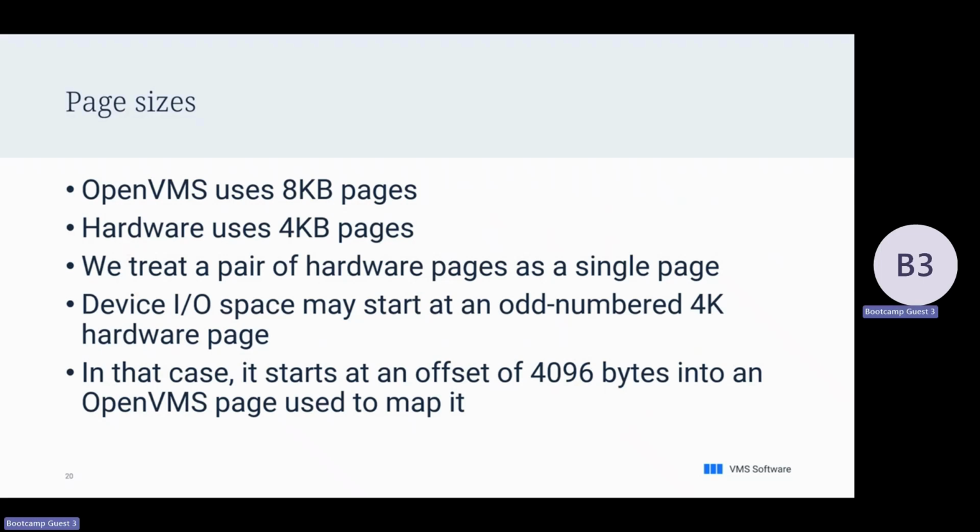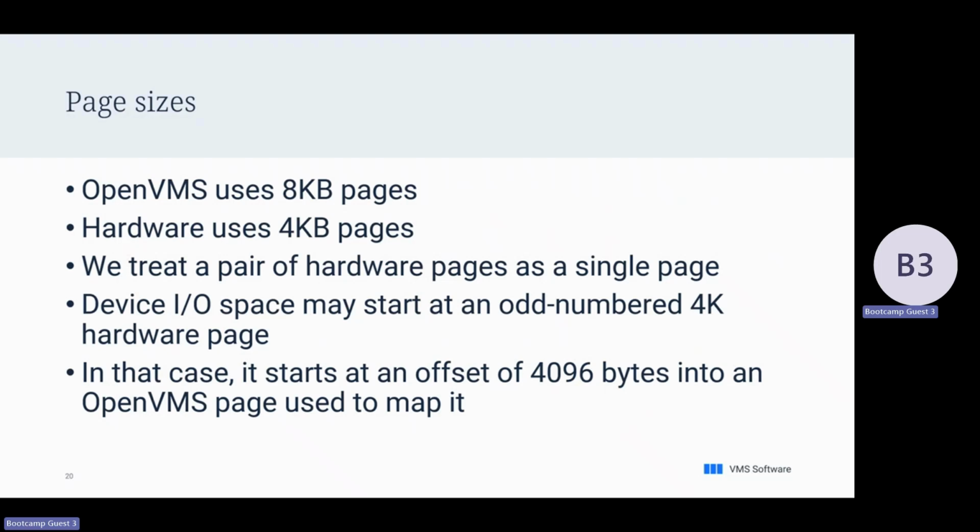It will be mapped in the high part of an 8K VMS page. So you will get a page address, that's the address of where it got mapped. That is the beginning of the 8K page, but the device IO space starts at an offset 4K into that page. You need to be able to handle that.